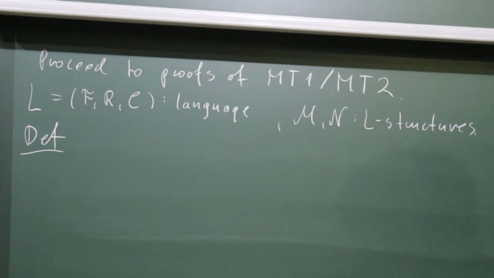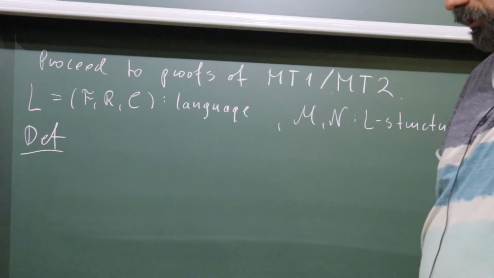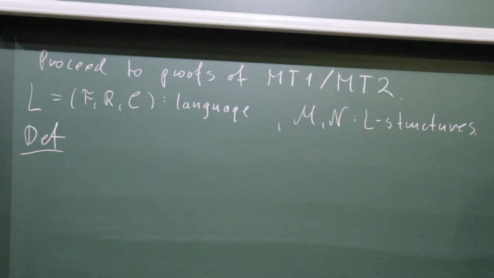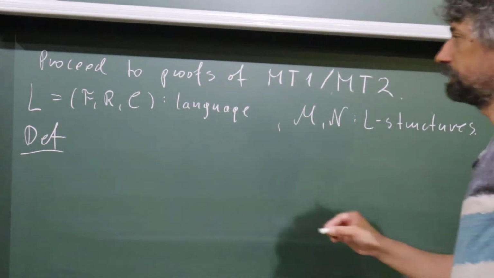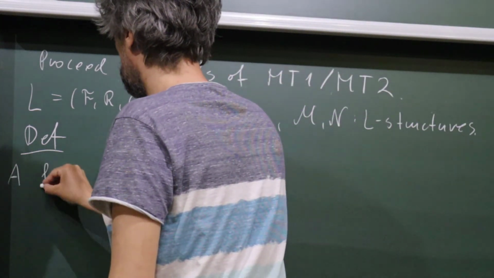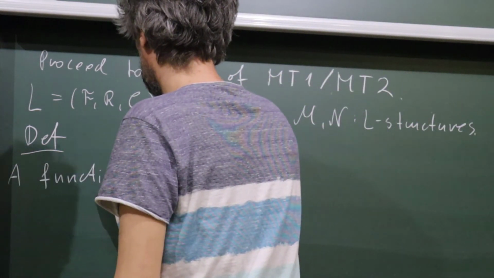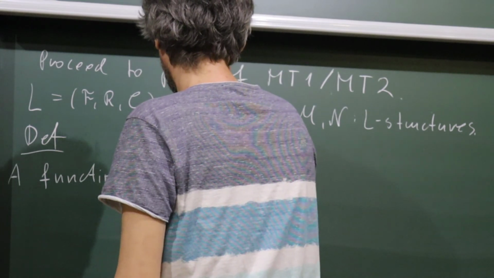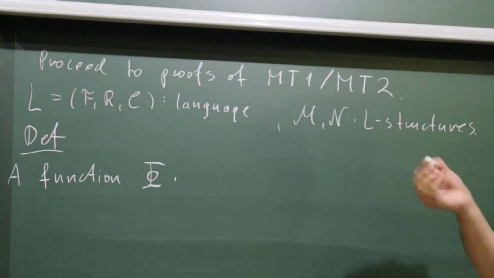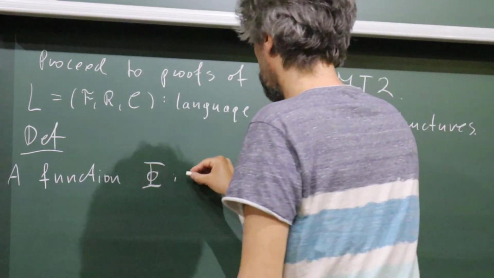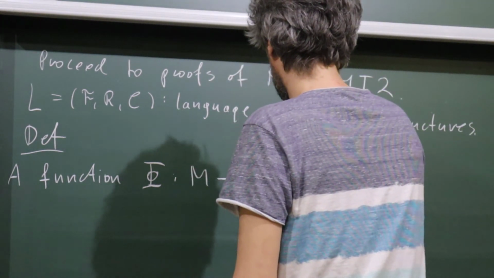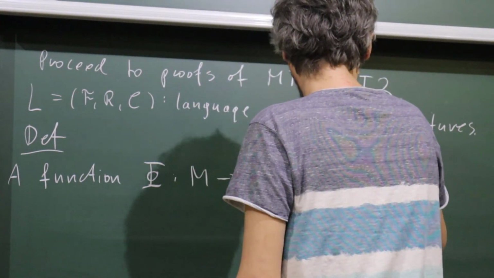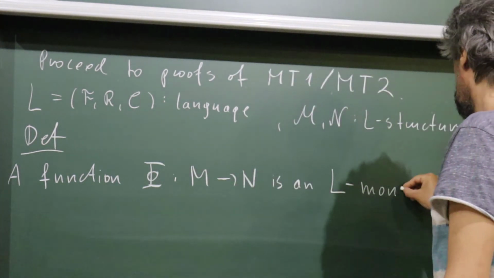Here, because of relations, there may be some problems if the function is not one-to-one, so we will only define the notion of monomorphism. So a function phi, yes, there is no theory so far, just structures, from universe to universe is an L monomorphism.